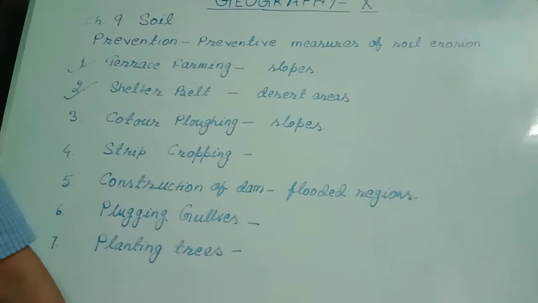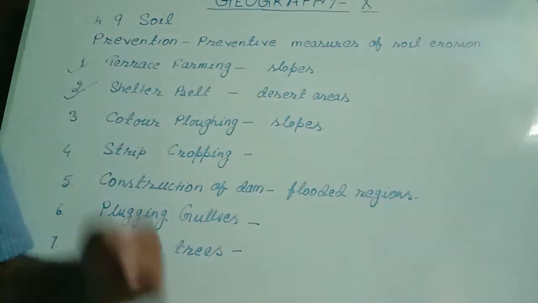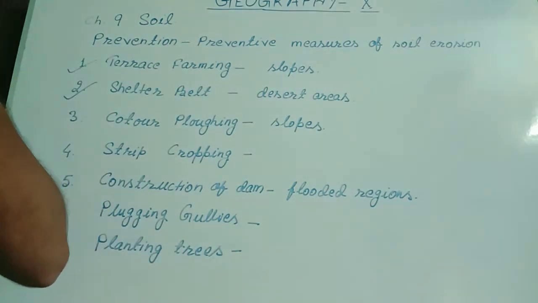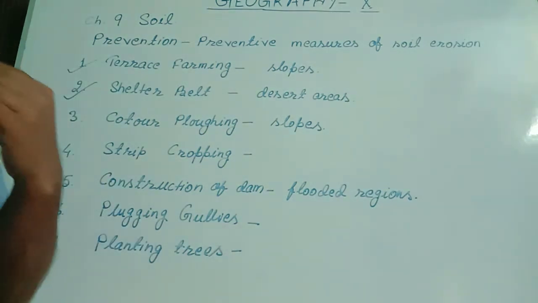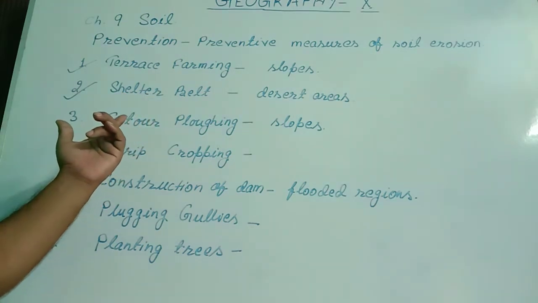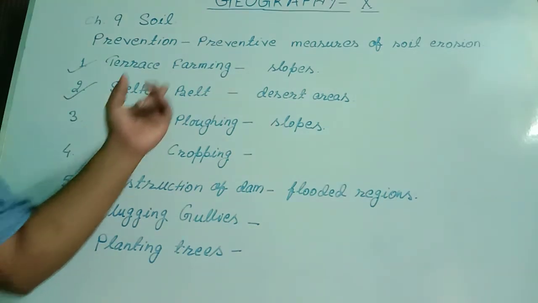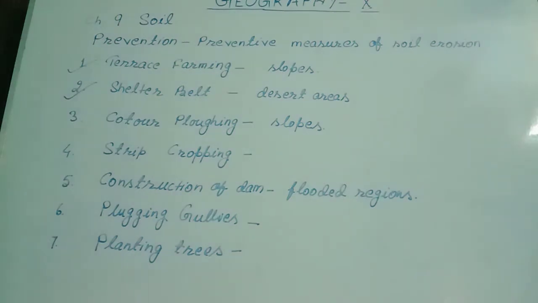The plowing of contours works as the bunds to check the soil erosion.